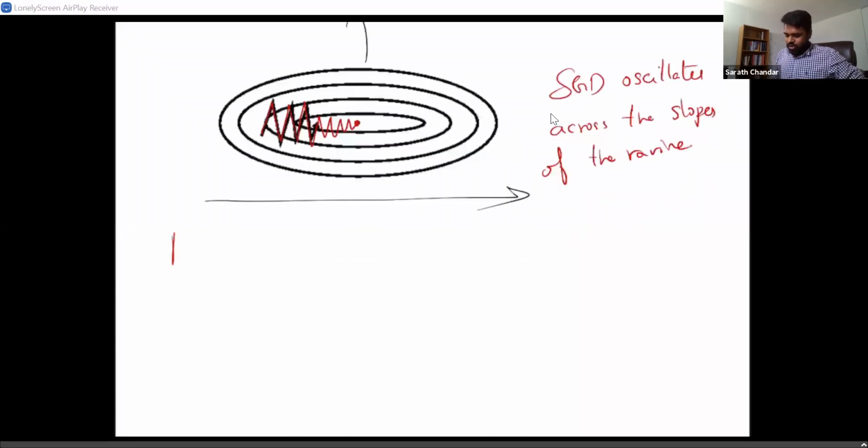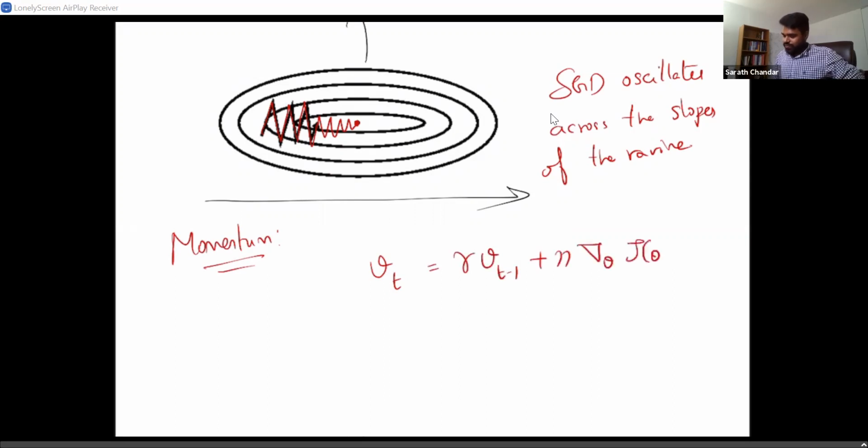Now how do we add momentum to gradient descent? The basic idea is to have a momentum term, let's call it Vt. Vt is gamma times Vt minus 1 plus eta times the gradient, and theta is given by theta minus Vt.